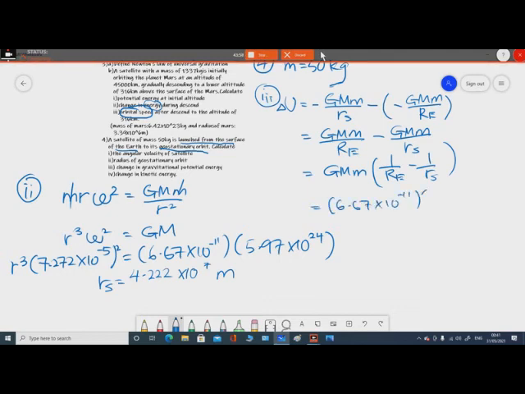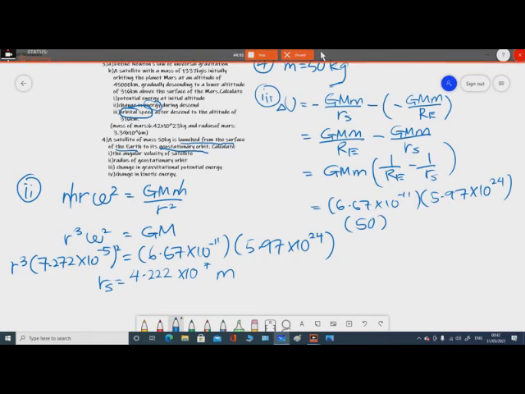The mass of the Earth given is 5.97 times 10 to the power of 24. The mass is 50 kg for the satellite.